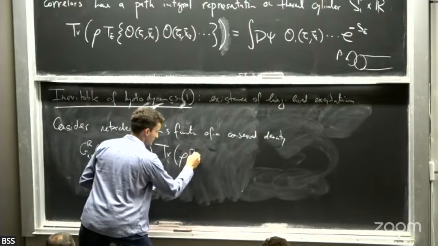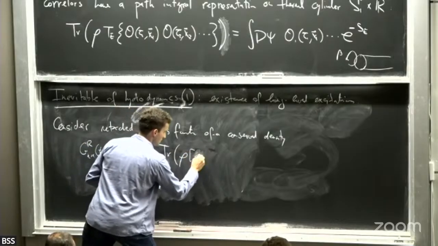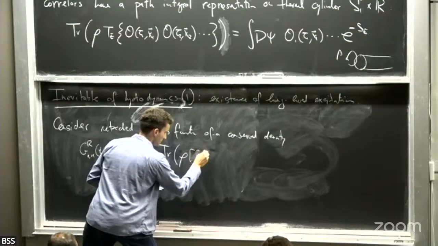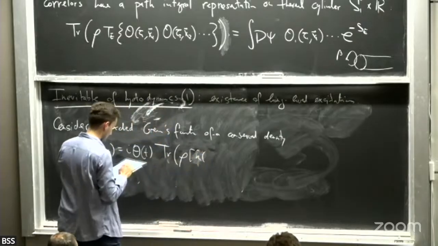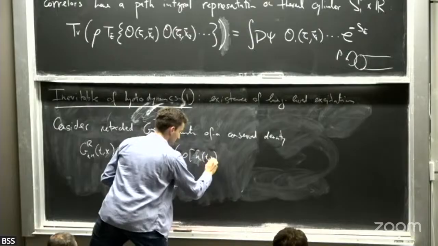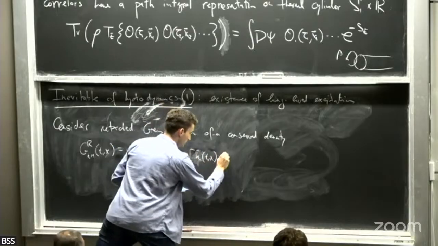Okay, so this is now a real-time correlation function. You'll show in the exercises, you probably know this already, that it's related to the Euclidean Green's function by the appropriate analytic continuation.